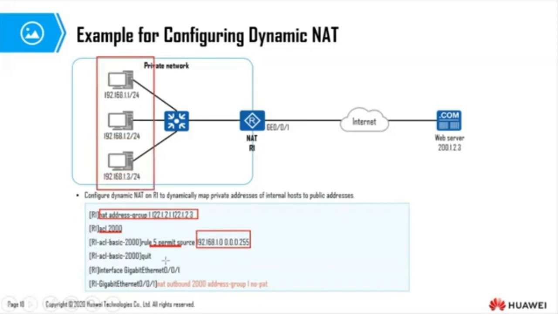All these people. Then quit. Then we go to the interface and use the command nat outbound. Then the ACL group number 2000, address-group 1, then no-pat. So that's how we do that.